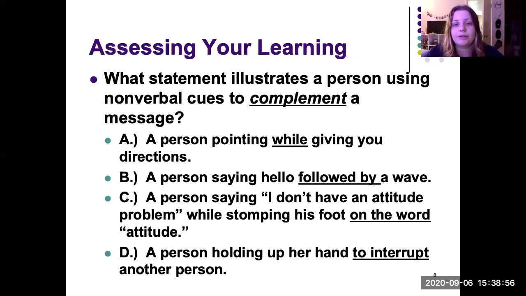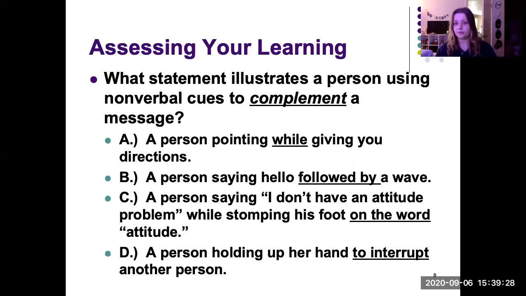And so kind of going through it, obviously you are left with either A or C, because it would either be "while" or "on the word." So complement would actually end up being A, because they're pointing while giving you directions.